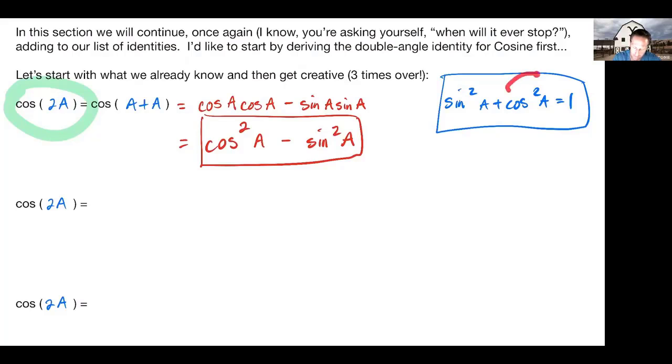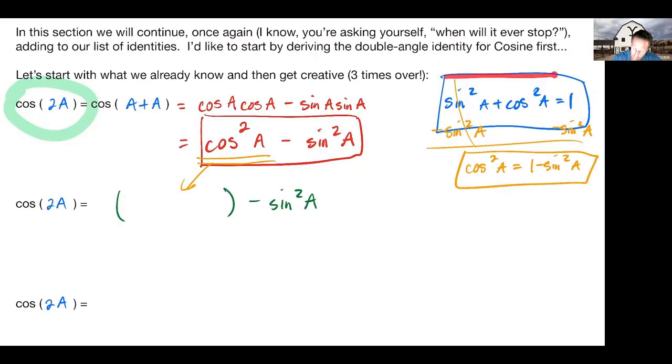Because I could then solve this equation for cosine and substitute that in here to get an alternative version, or vice versa, the sine squared. I could derive this by subtracting that over and substituting that in there.